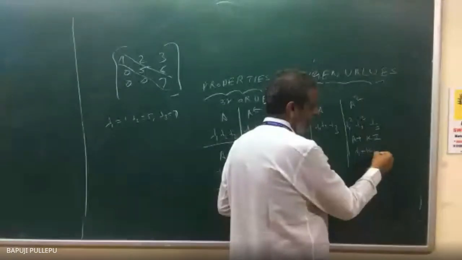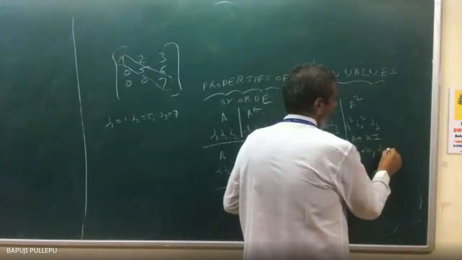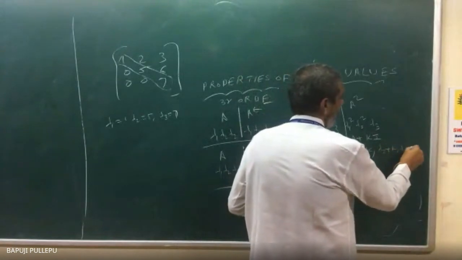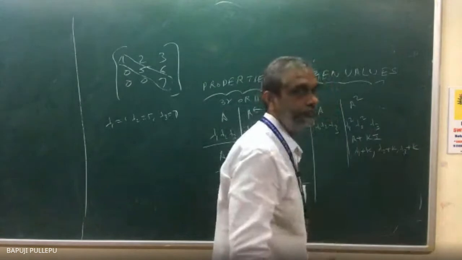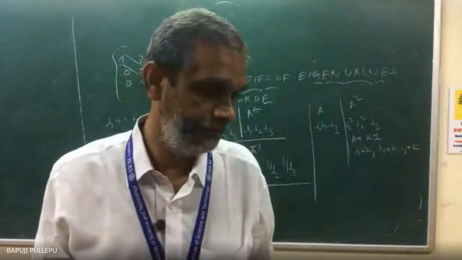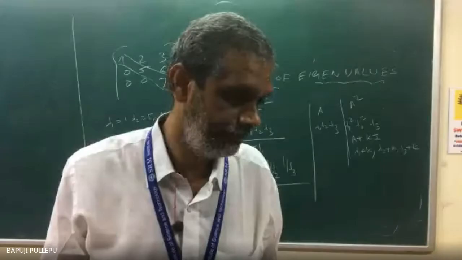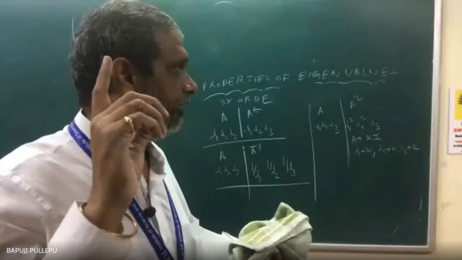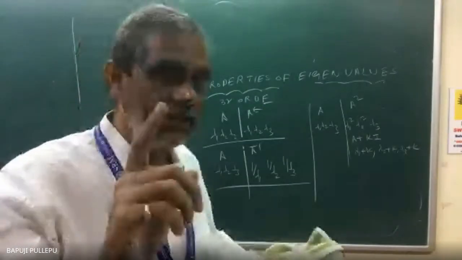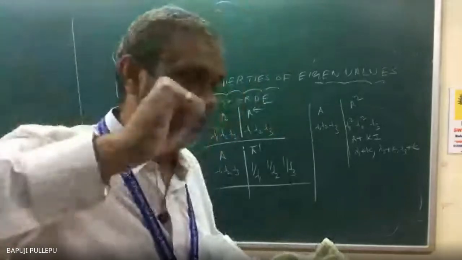If A has eigenvalues lambda 1, lambda 2, lambda 3, correct?